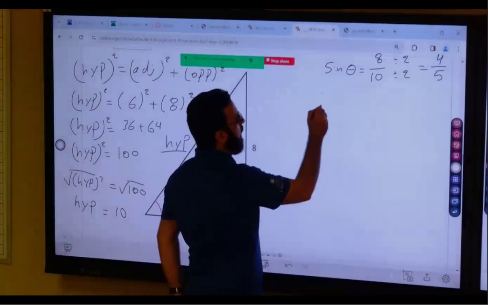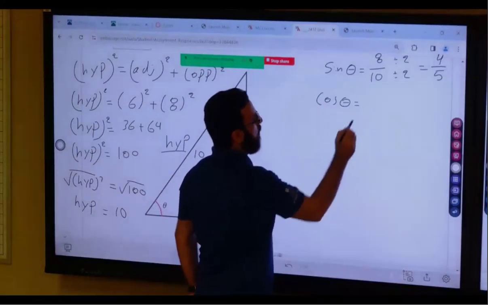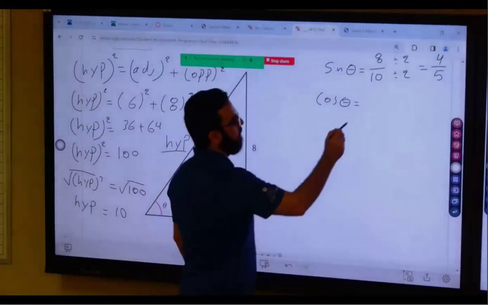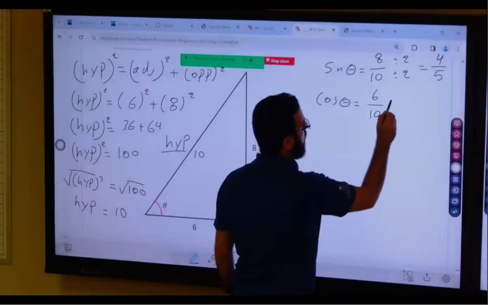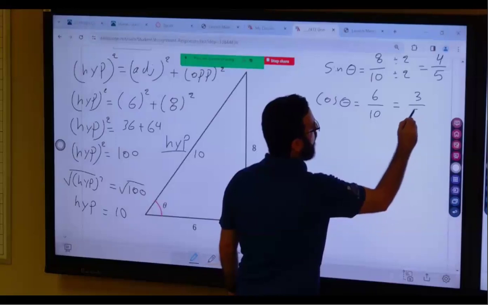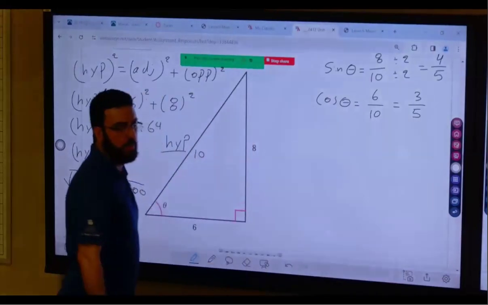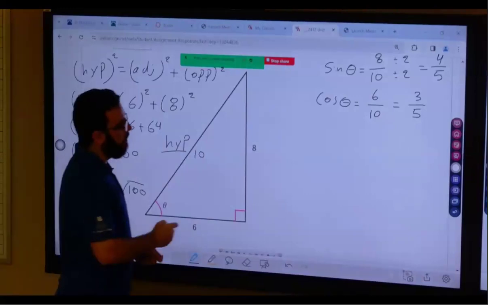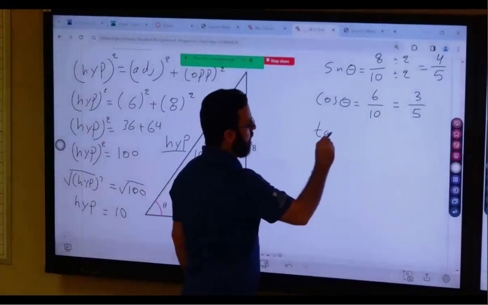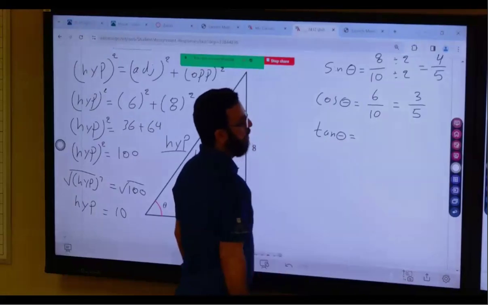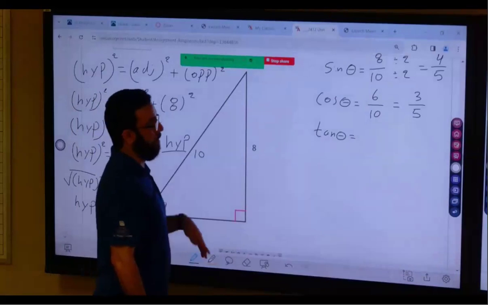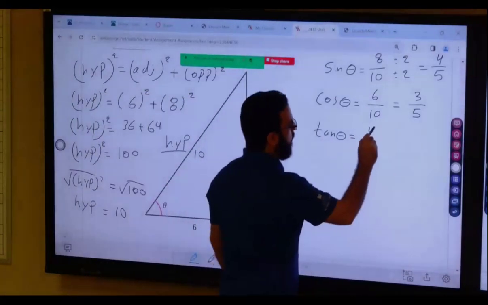What about cosine? It's going to be 6/10. Simplify, 3/5. What about tangent? It's 8/6, and you can simplify it, 4/3.